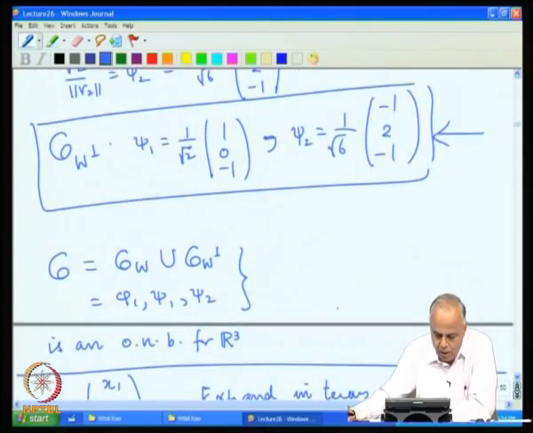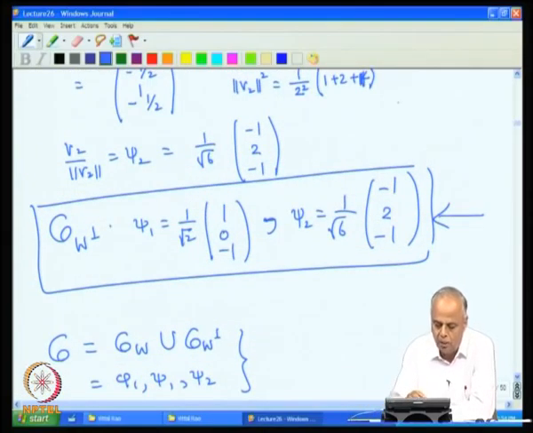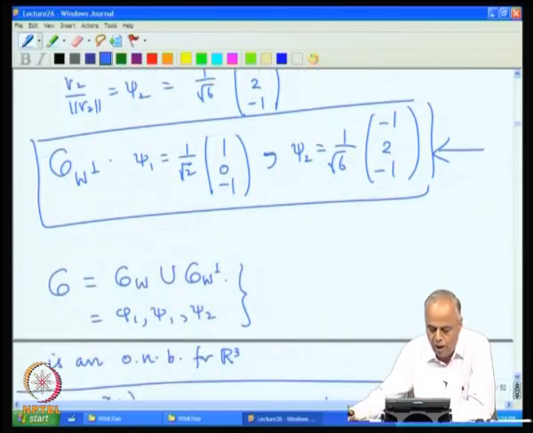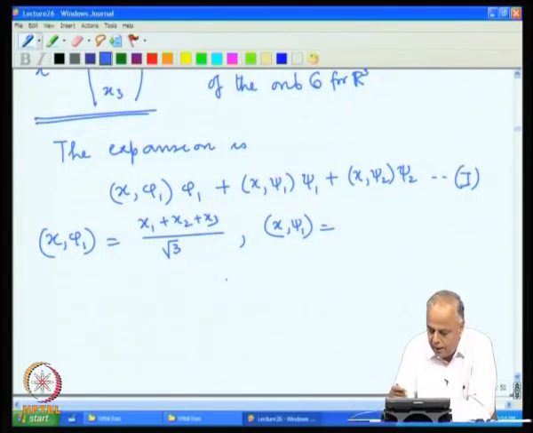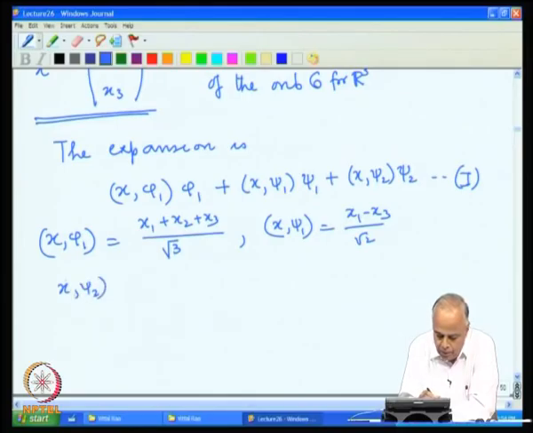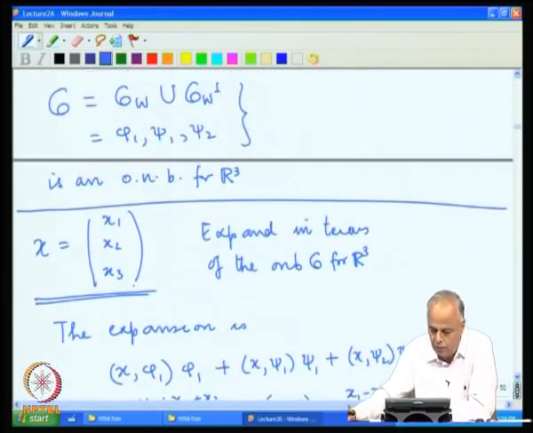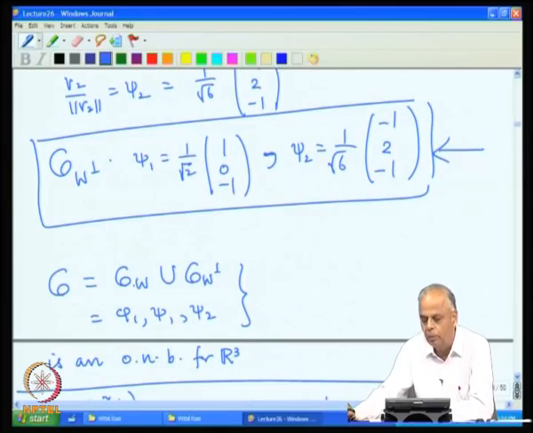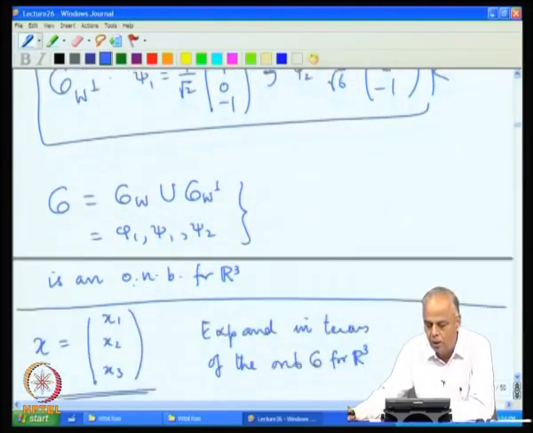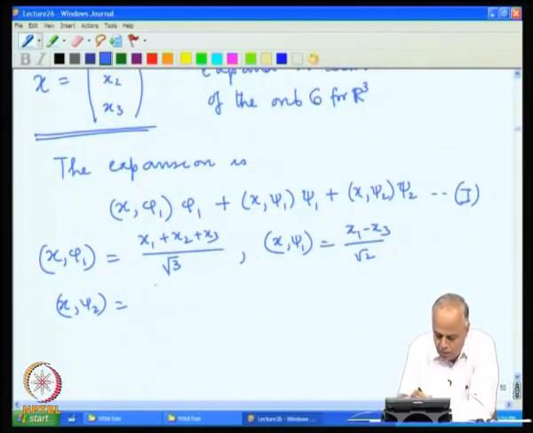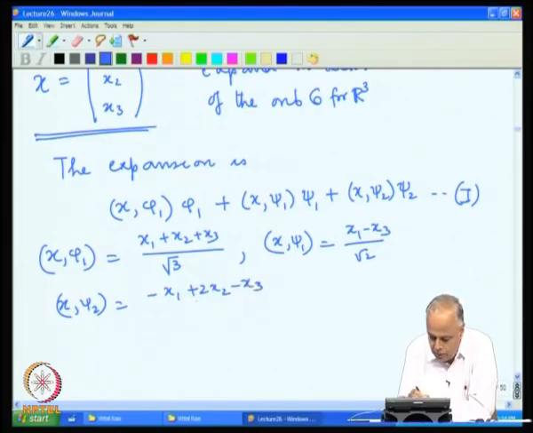We have psi 1 is the vector 1 by root 2 into (1, 0, minus 1), and therefore, if we dot product with that, we will get (x 1 minus x 3) by root 2. And what is x dot psi 2? Again, we dot product with the vector psi 2, 1 by root 6 into (minus 1, 2, minus 1). So, we get (minus x 1 plus 2 x 2 minus x 3) by root 6.